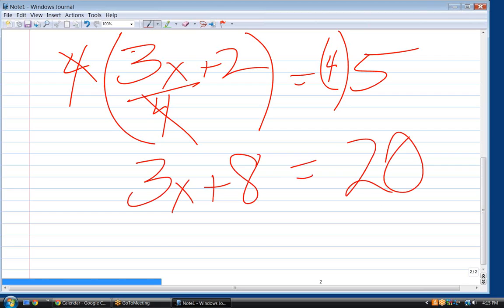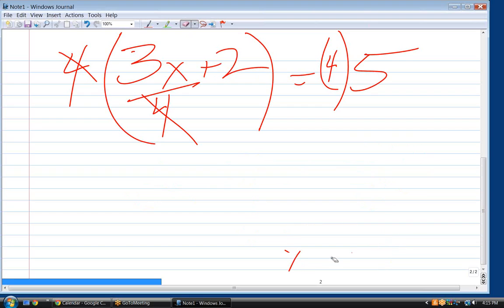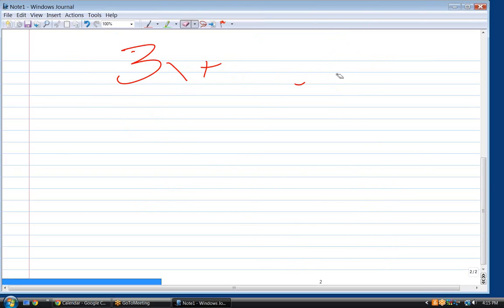Notice how much bigger my numbers are. I got a 20, I got an 8, now I got to subtract 8 from both sides. Now we're back to the answer, but when I subtracted 2 first, my numbers were smaller. So to me, that's the best way to go. Now, what if I had this problem?